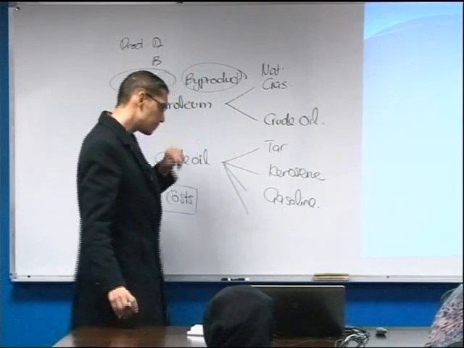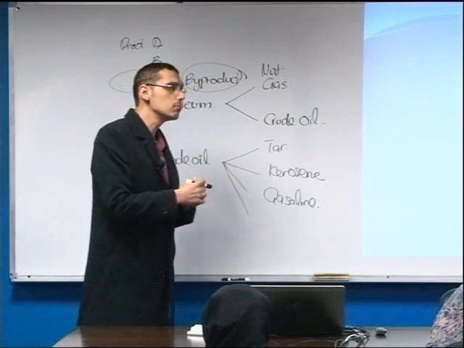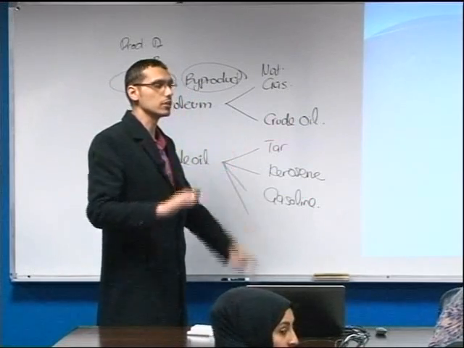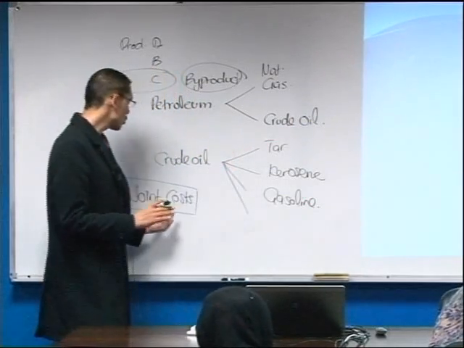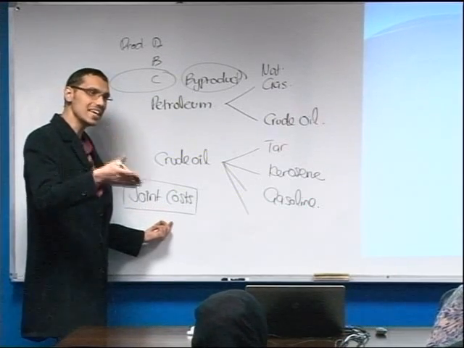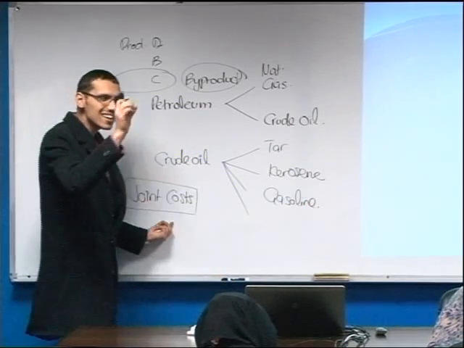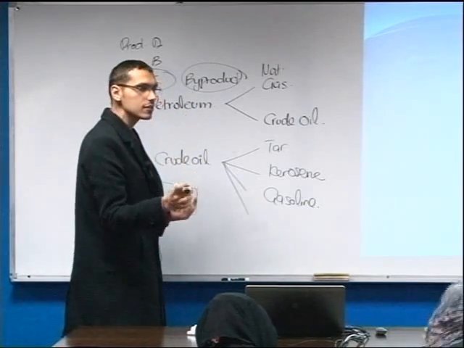Now, let us move on to the next term, which is the split-off point. The joint costs within this production process that yields more than one product will be incurred until a specific point.